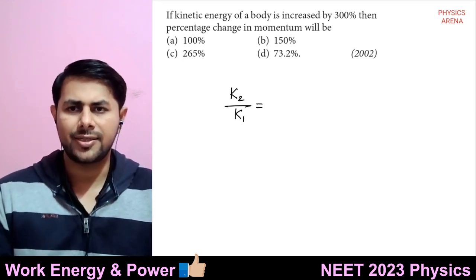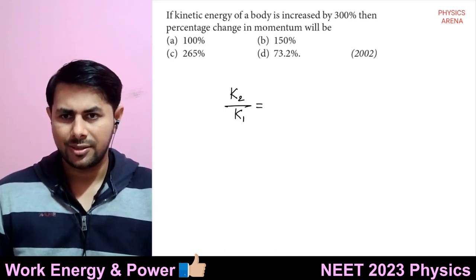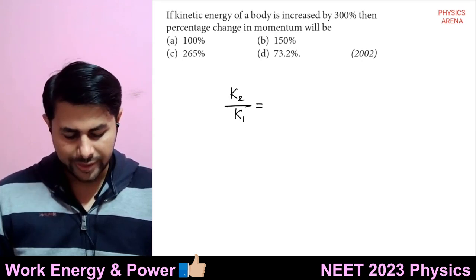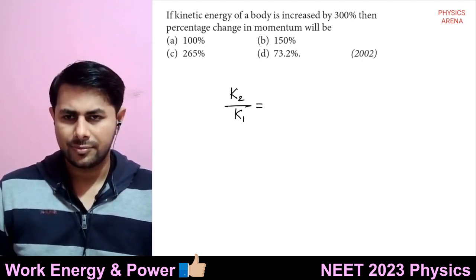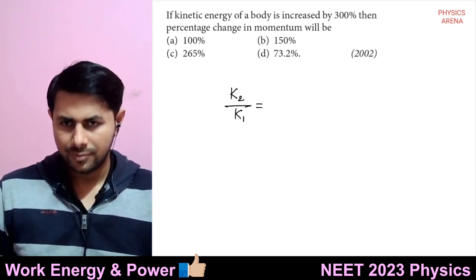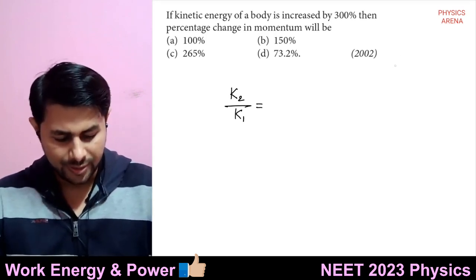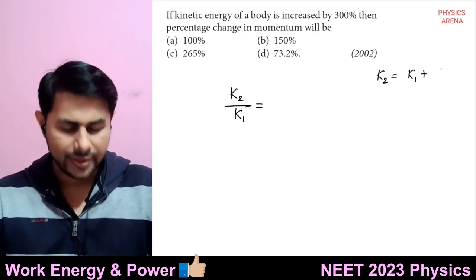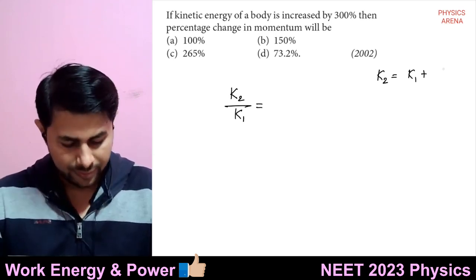If it increases by 300%, that means K2 is 400% of K1. Increment is 300%, so K2 equals K1 plus how much? 300% of K1.